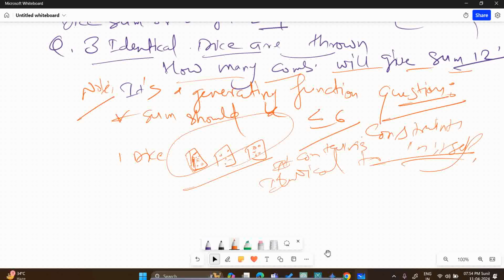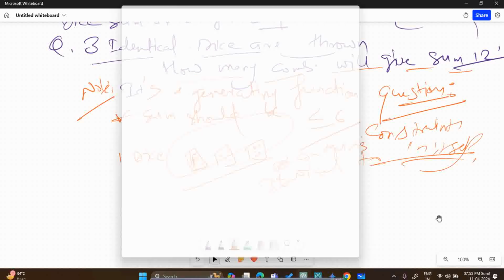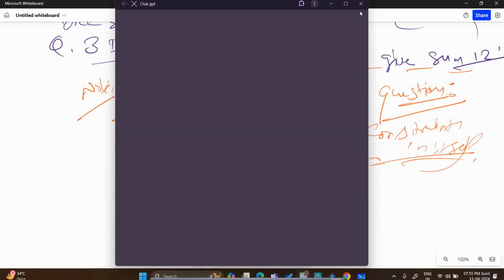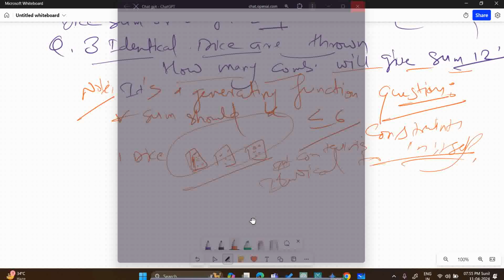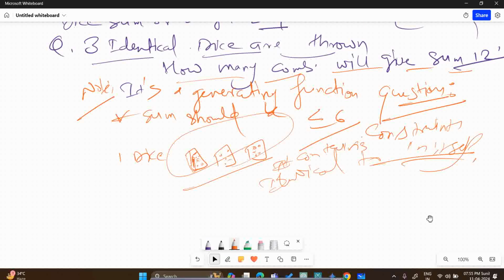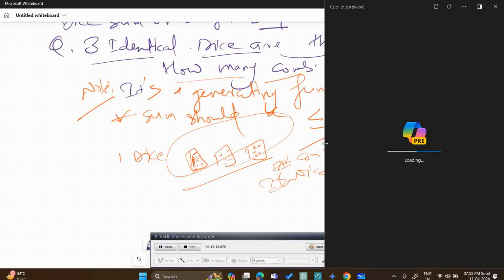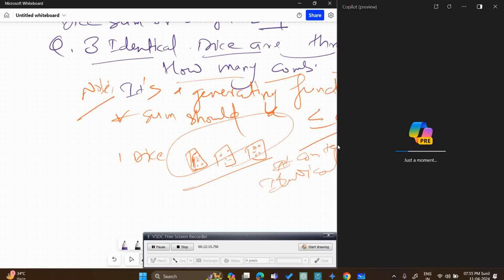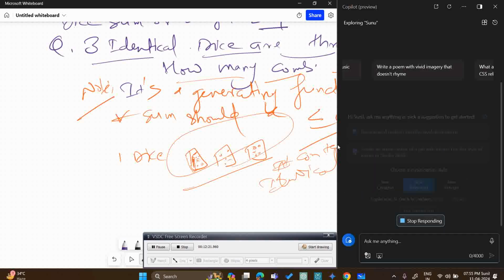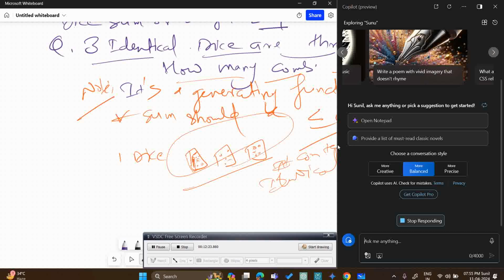To cater to these constraints, let's take some help from AI. Let's ask some questions from it. Can I type?